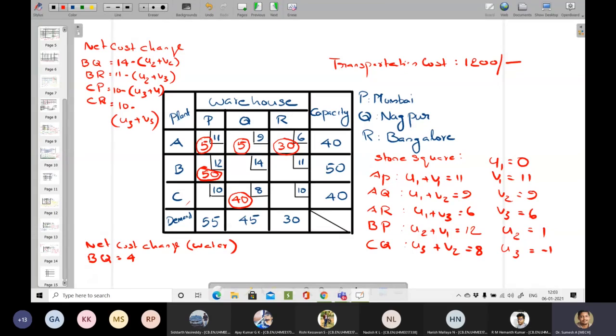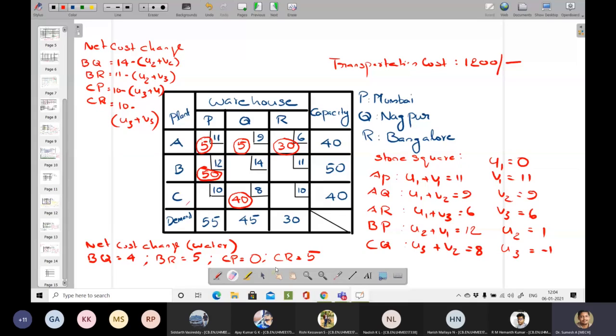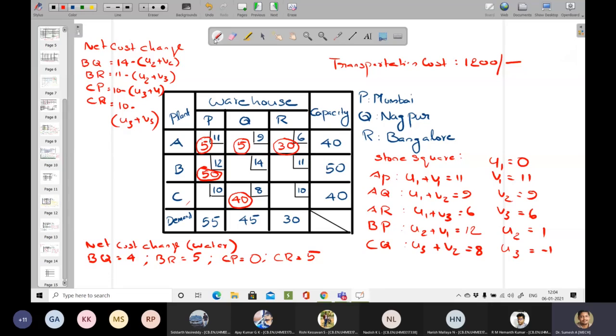So the net cost change by substituting the values: BQ is 4, BR is 5, CP is 0, and CR is 5. So all net cost changes are positive.